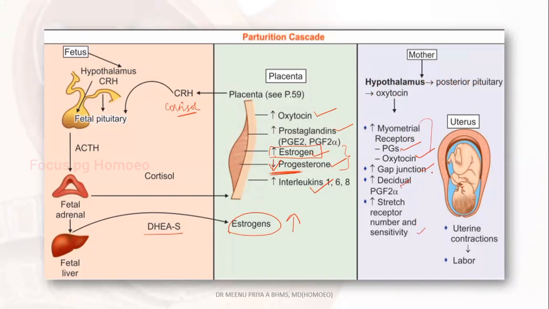This all becomes ideal for uterine contraction. Once uterine contraction increases, the onset of labor has started. So these are the physiological mechanisms that happen in both fetus and mother. One important hormone you have to remember is corticotropin releasing hormone. It is related to labor.